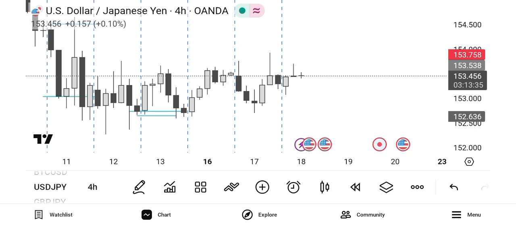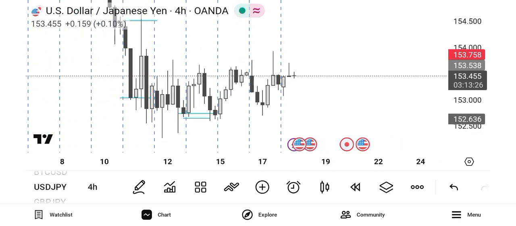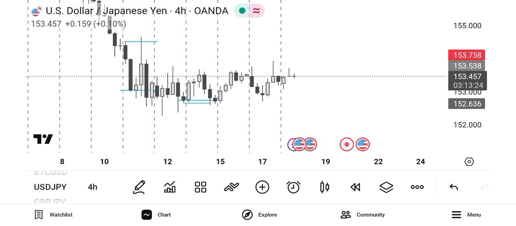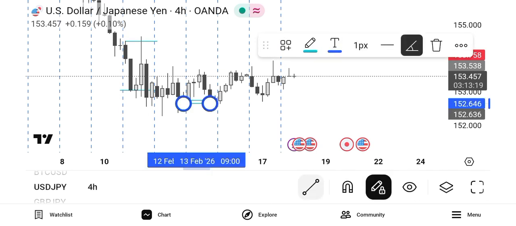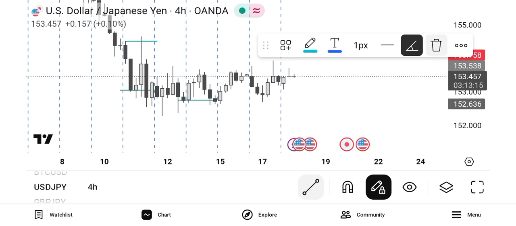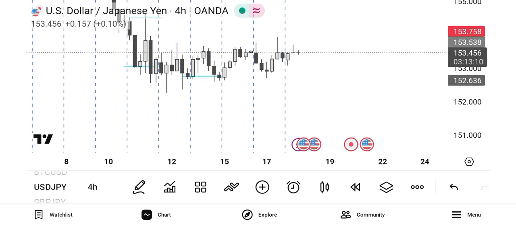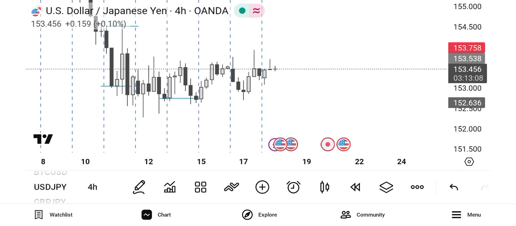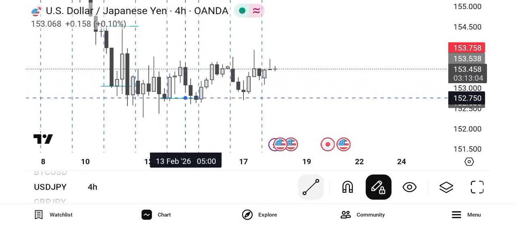So that was the first thing, and after that, that's it: liquidity sweep, rejection block, all of those. Then after that, you come to this other rejection block above here.